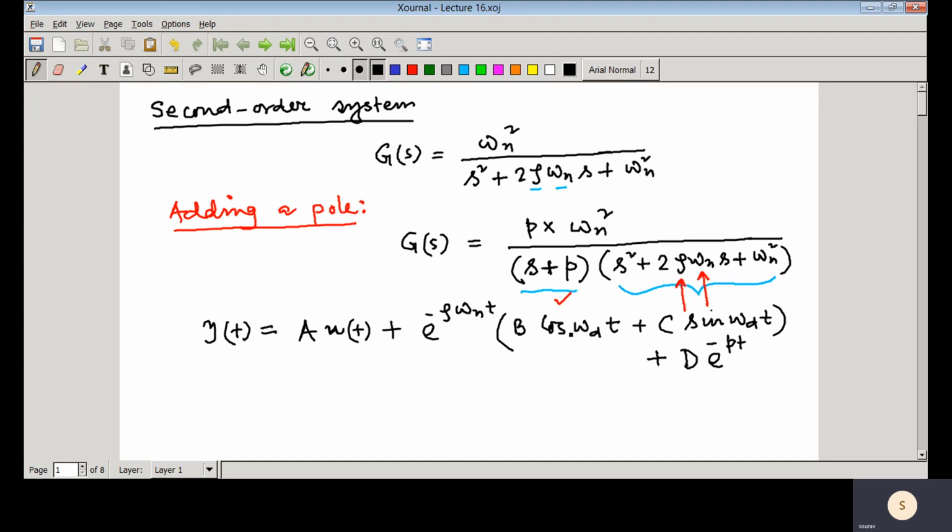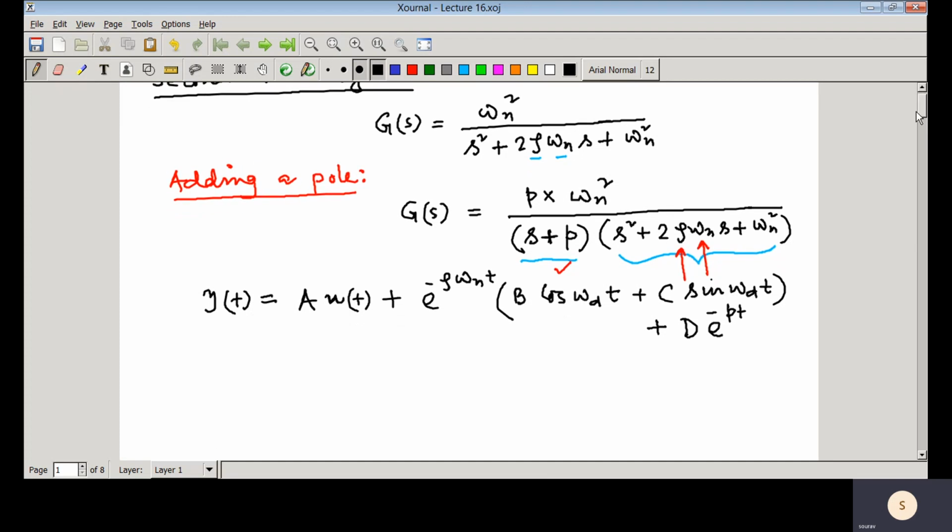Here A, B, C, D, these four are constants, and we have seen in Laplace transform how to find those coefficients. Here we are not going to find those coefficients, because our interest is to see how this particular term would affect the time response, and that term appears due to the extra pole that we have introduced to the second order system.